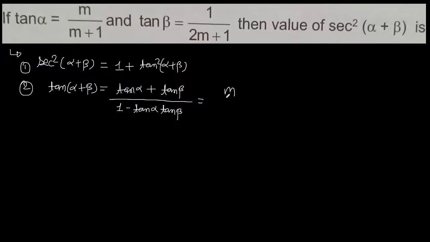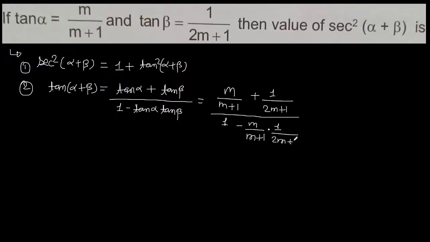So it is m plus 1, 1 plus 1 upon 2m plus 1, 1 minus m upon m plus 1 into 1 upon 2m plus 1. Solve it.